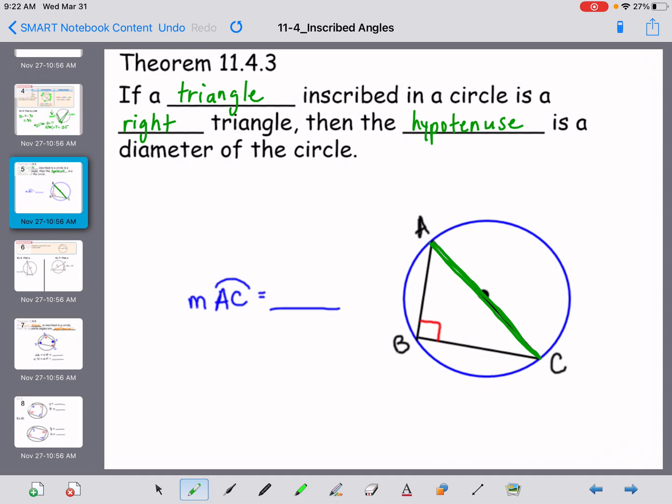So the measure of arc AC would be 180 degrees. Oh, that's a good question. You're wanting to know why it's not half. Well, I'm at the center. So since I'm at the center, it's going to be the same. And that's a straight angle.